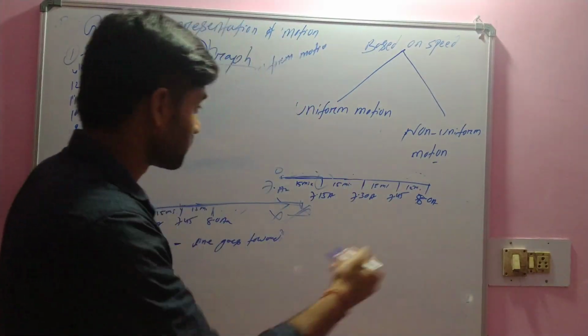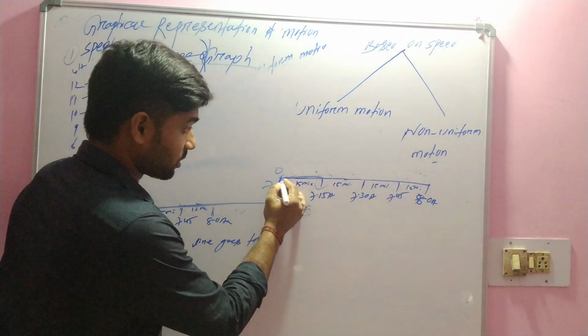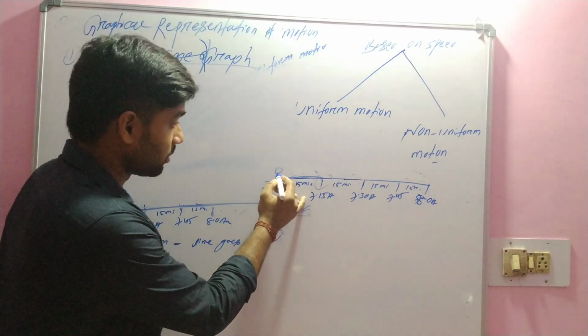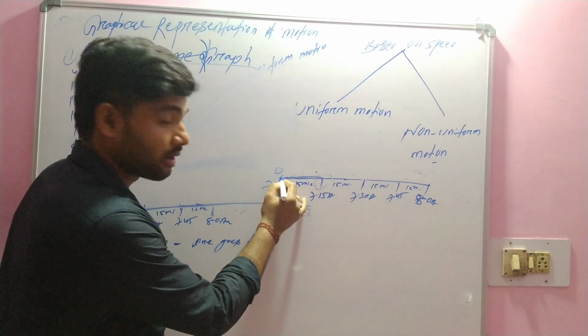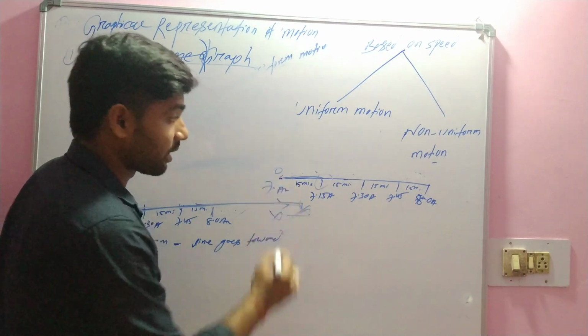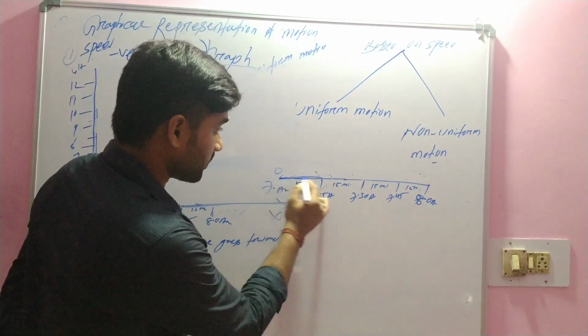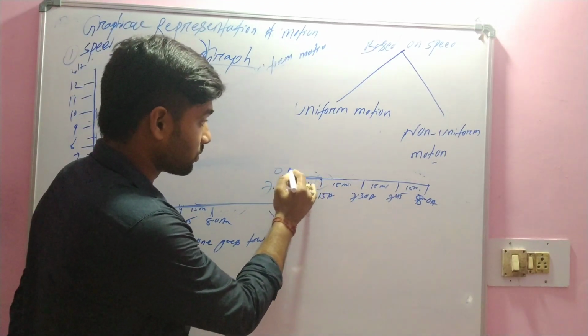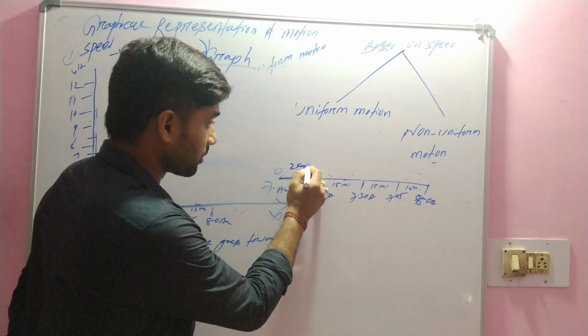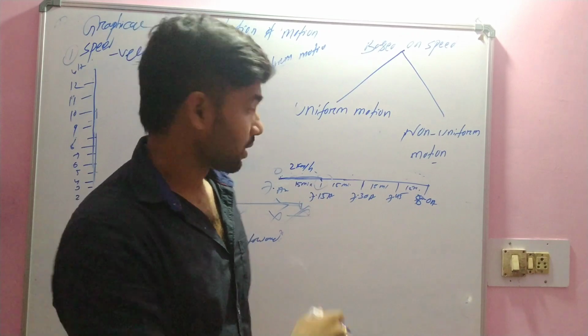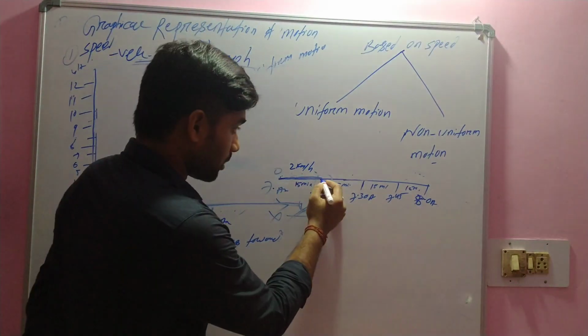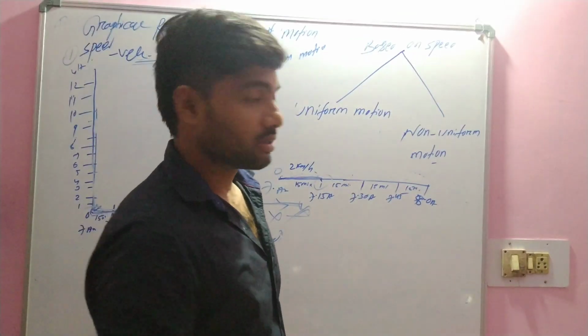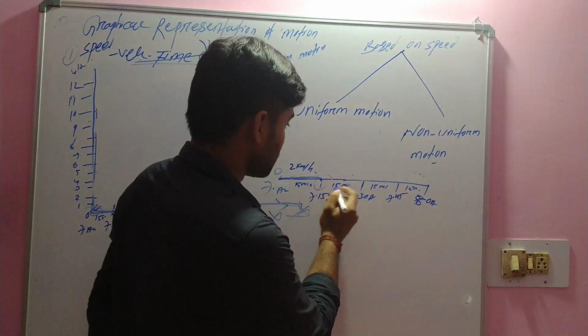So let's take an example. Suppose Mr. Sharma started from point A at 7 a.m. with speed 2 km per hour. Then after 15 minutes, his speed varies.